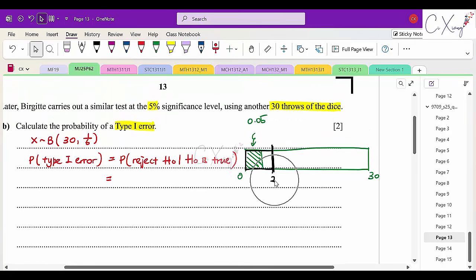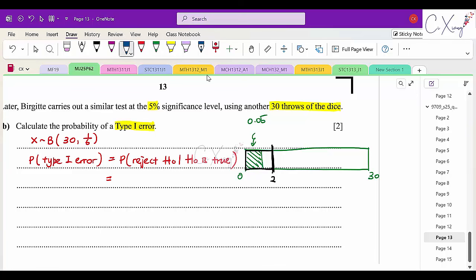When I calculated the value of x smaller equals to 2, we know that the 2 falls under the acceptance region. If I calculate the probability for x smaller equals to 3, definitely the 3 is under the acceptance region also, because when you add the probability, the area becomes bigger and bigger. So there's no point in figuring out x equals to 3.